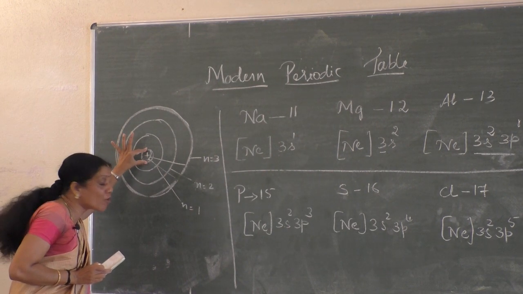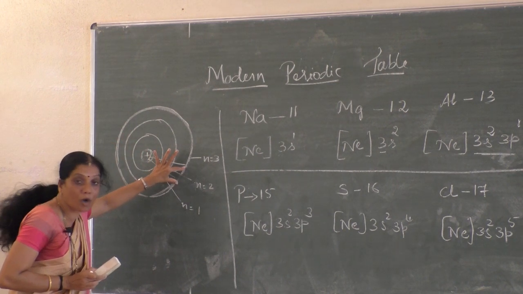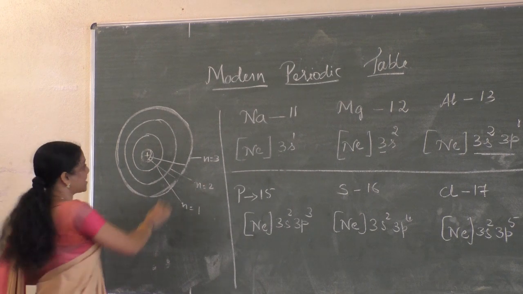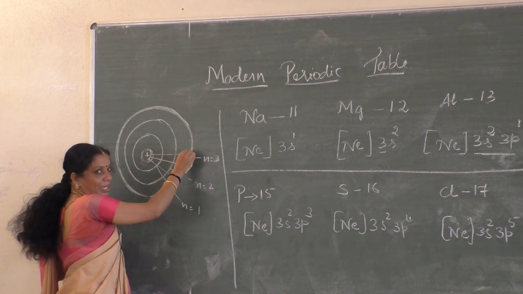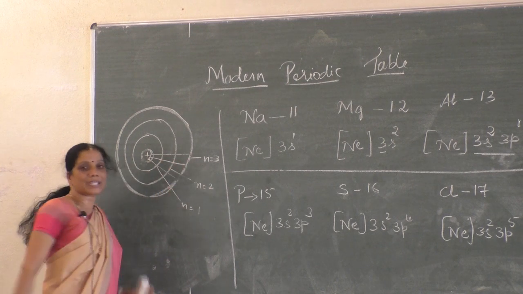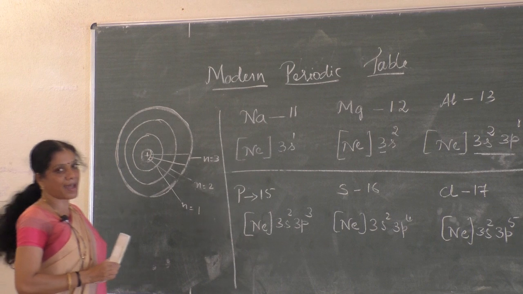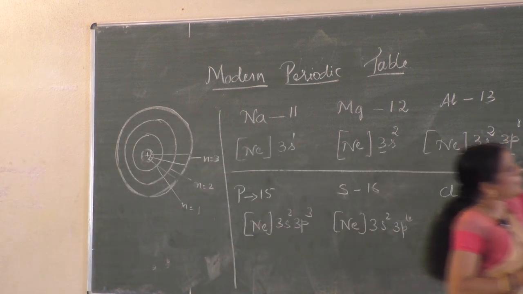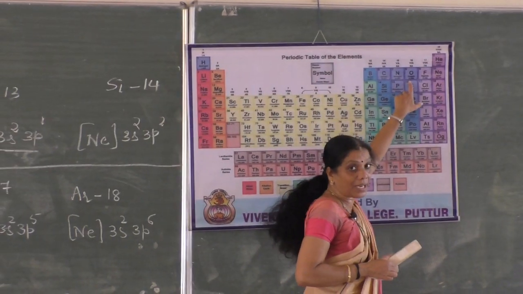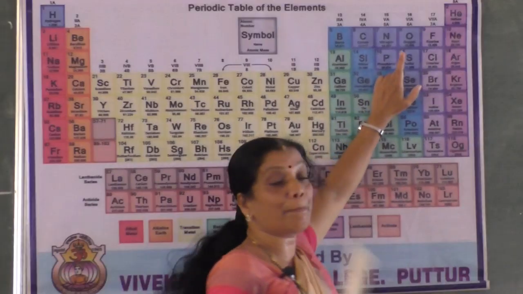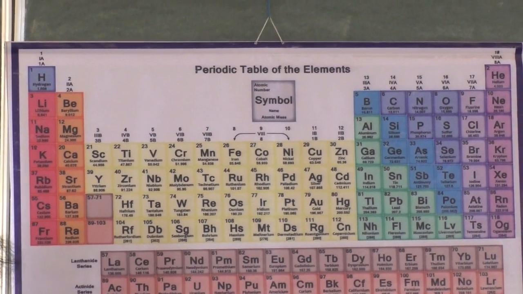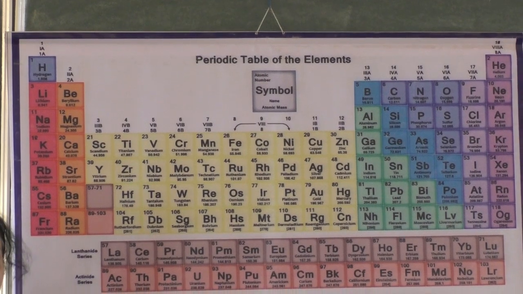Since the nuclear force of attraction increases on the outermost electrons, electrons come closer to the nucleus, hence the radius between the center of the nucleus and the outermost shell decreases. Therefore, as the number of electrons increases in each of the elements accommodated in a particular period, size goes on decreasing.